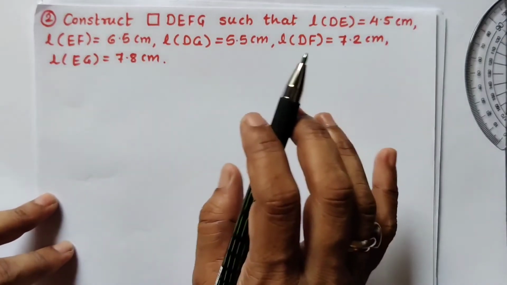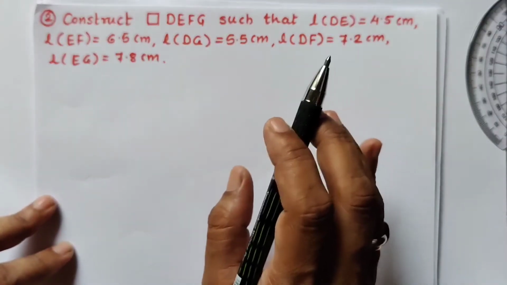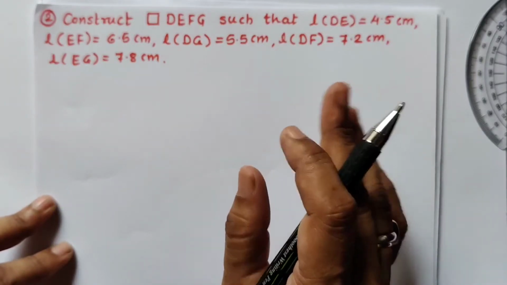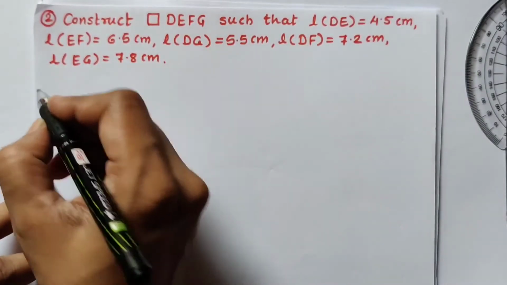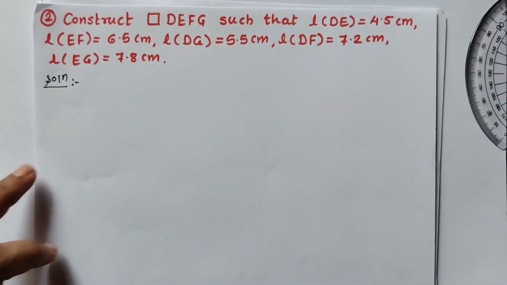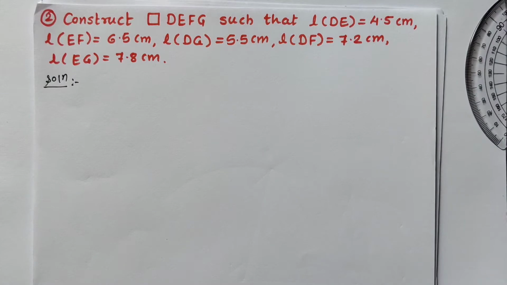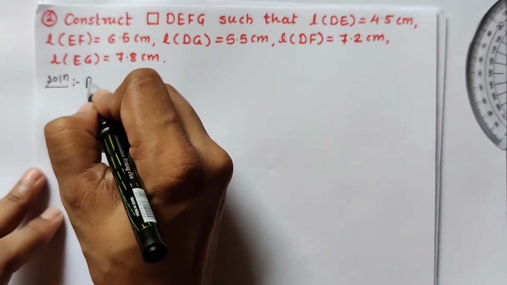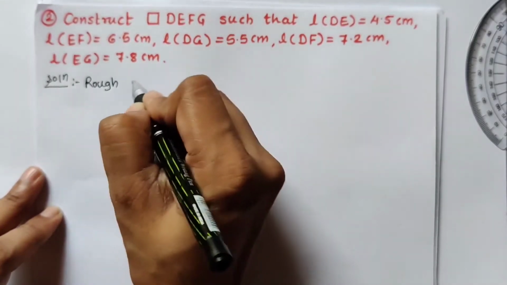We can get the idea by drawing rough sketch only. If you draw the rough sketch, your fair diagram will be exact, there will be no mistake. Okay, so as to get the precise diagram, we have to always draw a rough sketch first. So let us start with the rough sketch.